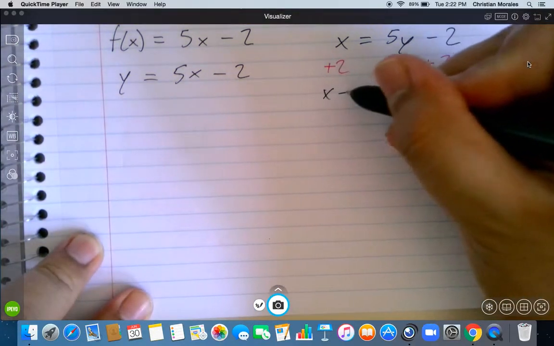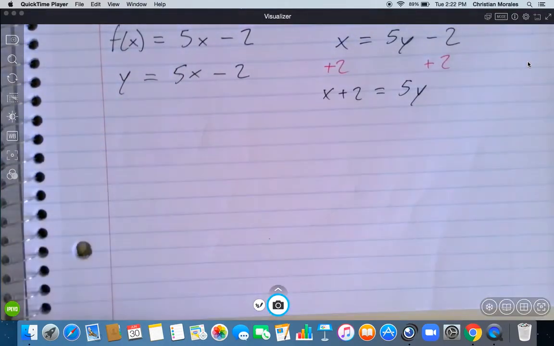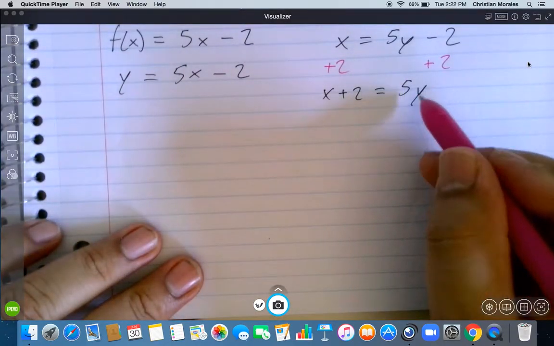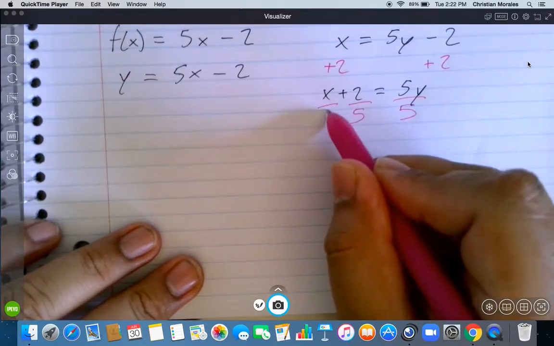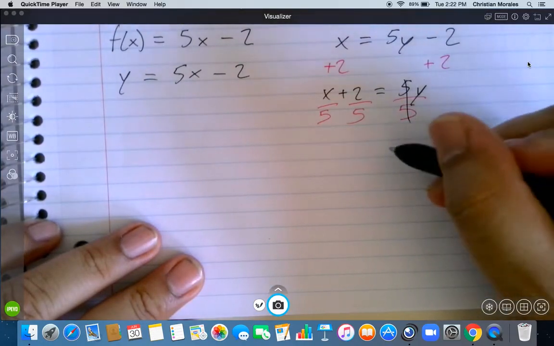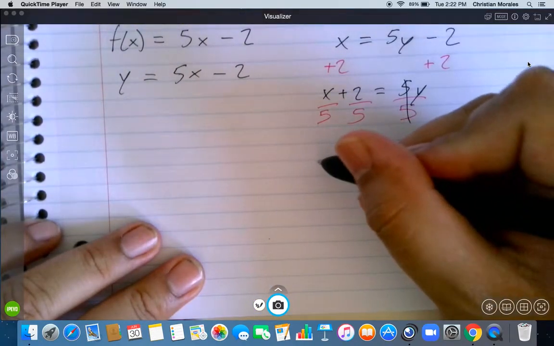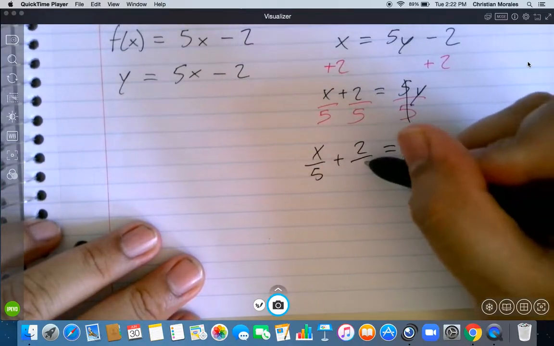Now you have x plus 2 equals 5y. Okay, what's next? Gotta get rid of that 5. That 5 is multiplying. Inverse of that is dividing. Now the rule is, if you divide one number, you have to divide the whole thing. 5's cancel out. You're left with y equals x over 5 plus 2 over 5.